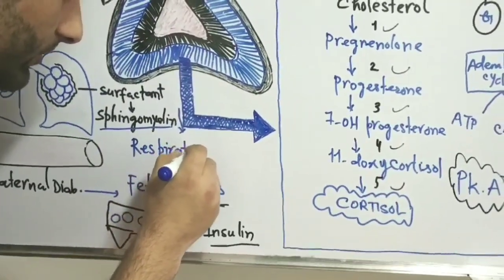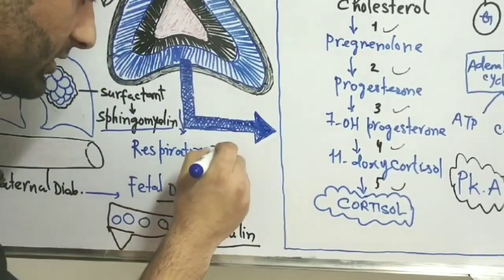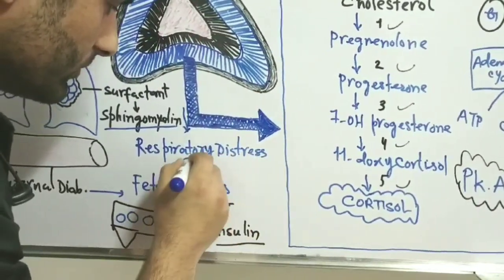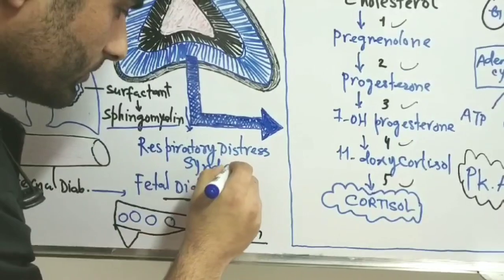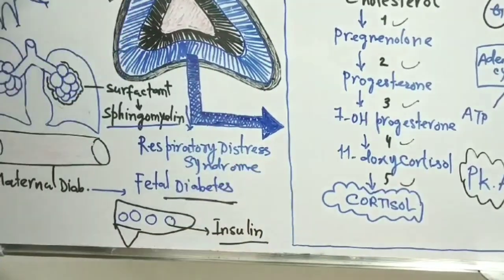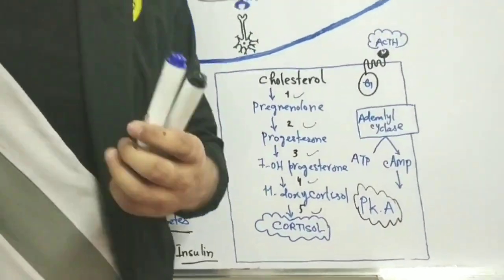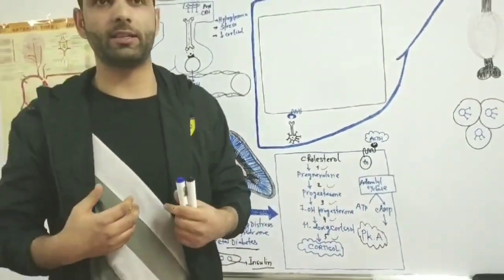Respiratory distress syndrome. The baby will develop tachypnea, and the breathing of the baby will be like this.